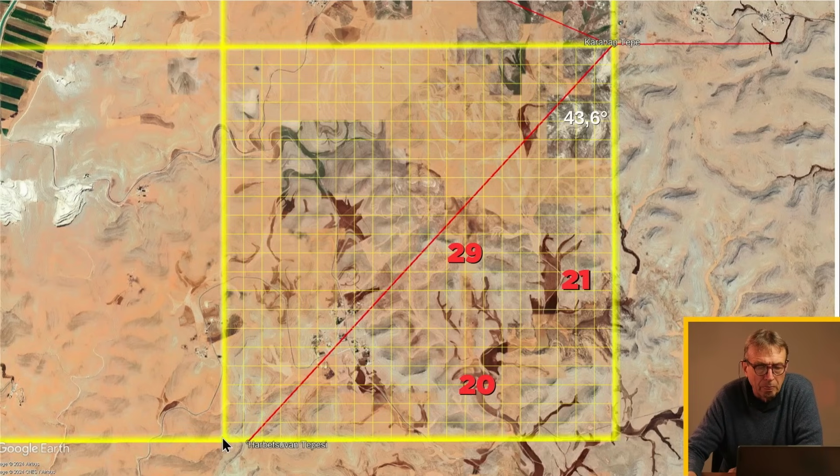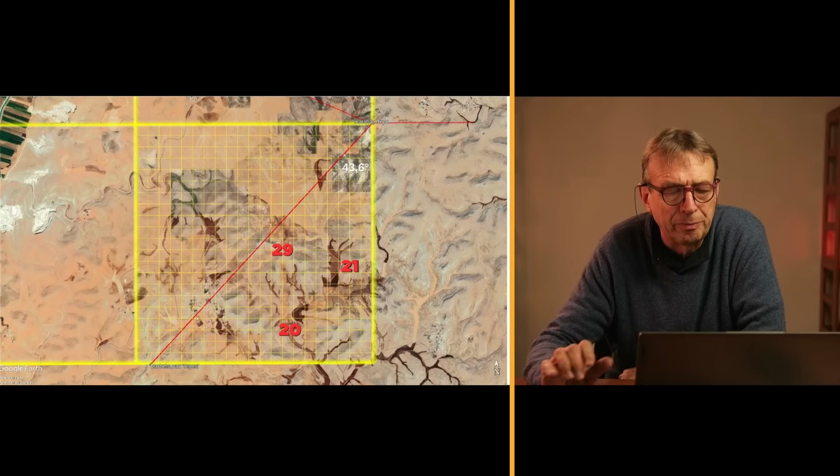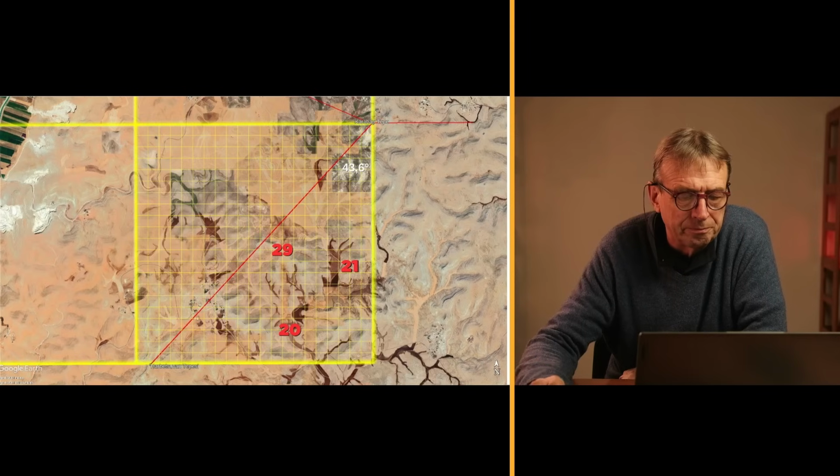Now, this is in fact very interesting because the 20, 21, 29 is a Pythagorean triangle, one of the famous triangles with whole numbers on all three sides, okay? And these triangles were very much used, as I've shown on numerous occasions, in ancient mathematics and ancient geometry.